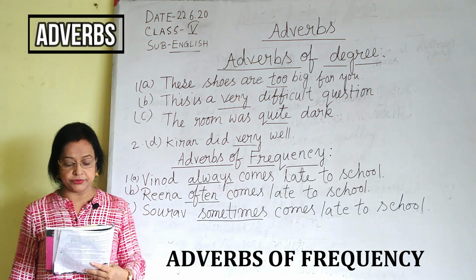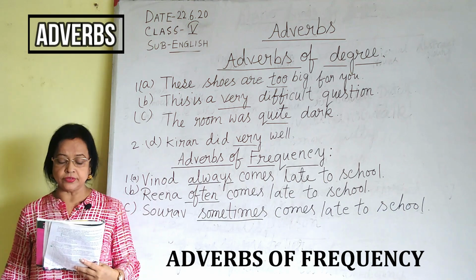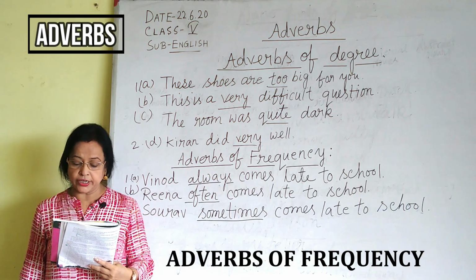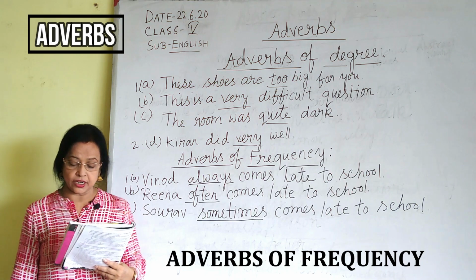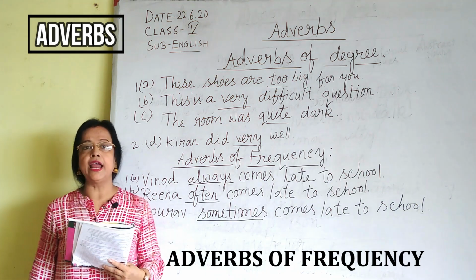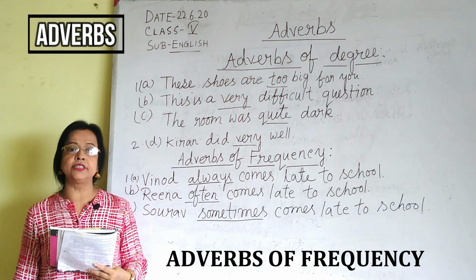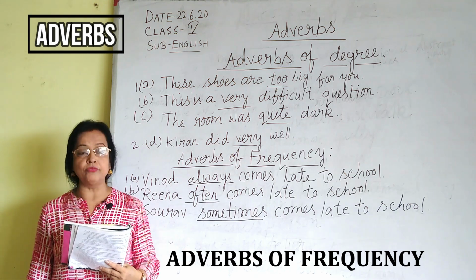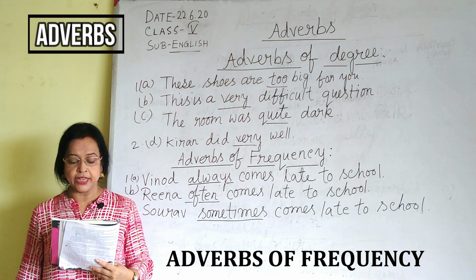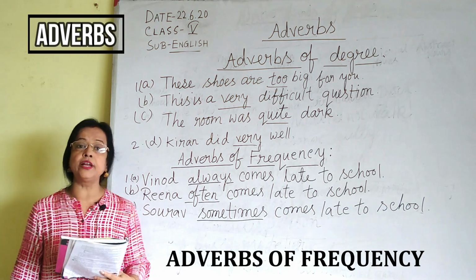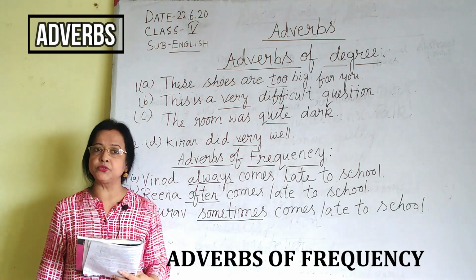All these adverbs, always, often, sometimes, that tell us how often something happens or is done, are known as adverbs of frequency. These adverbs tell us how often or frequently something is done or happens. Okay students?